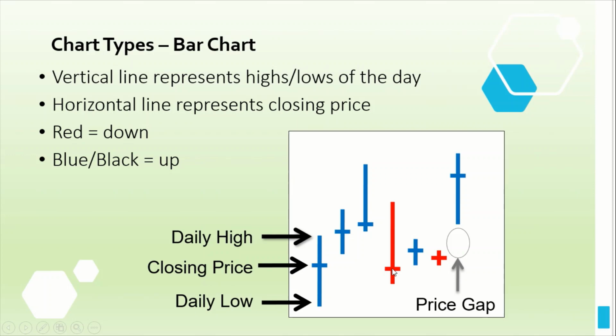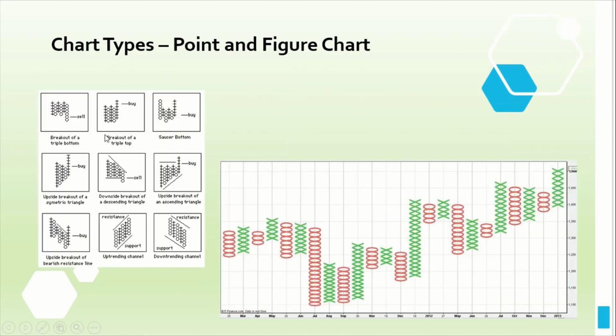So regardless pa yan kung anong chart, whether it be a point and figure chart, whether it be a candlestick, as long as the closing price is lower, then you know that the figure would be red. And this right here is the price gap. Ito yung tinatawag nating price gap.